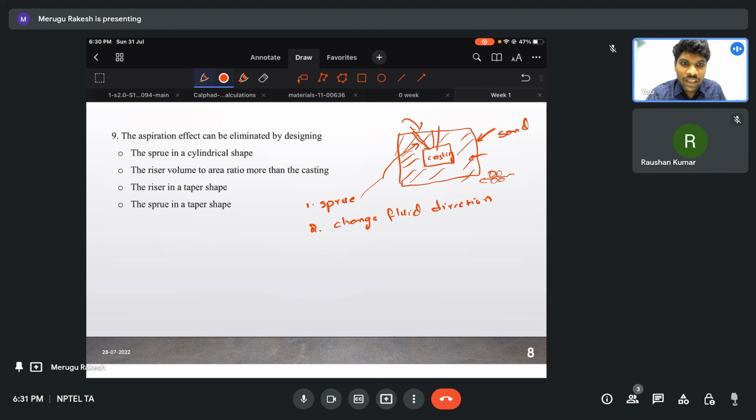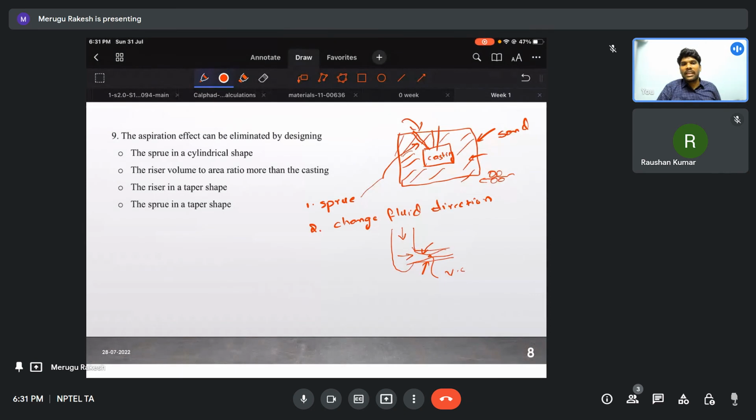So I will derive some small derivation to explain this sprue concept. So I will explain the fluid direction. Suppose the liquid is coming in this direction and it is going to the right. What happens? The liquid will initially make this path. This is called a vena contracta. So we have this area which is low pressure area.